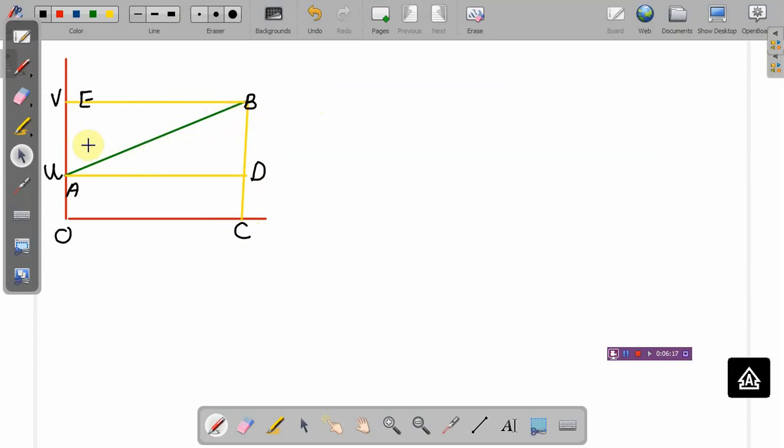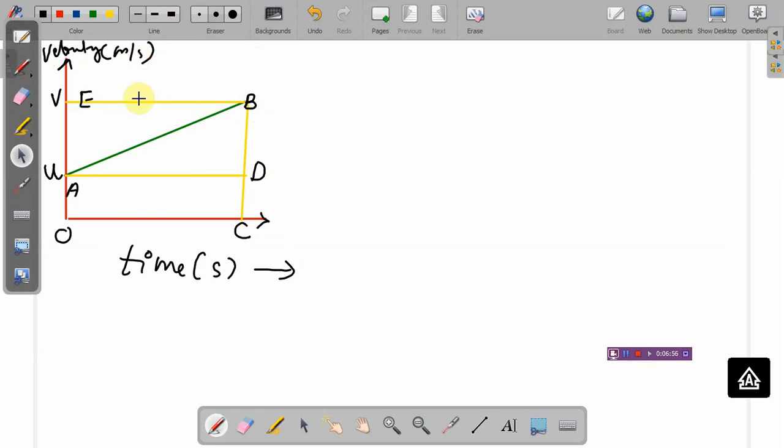Initially, the velocity was u, and the velocity is increasing, and the final velocity is v. Right? Now, here I have drawn perpendicular lines from point B to the y-axis and x-axis. This is my time axis in seconds, and this is my speed or velocity axis, which is in meter per second.